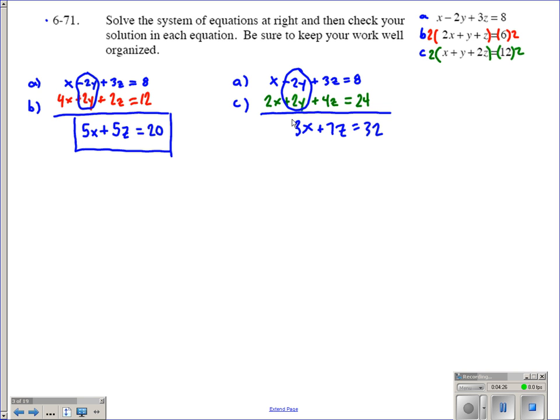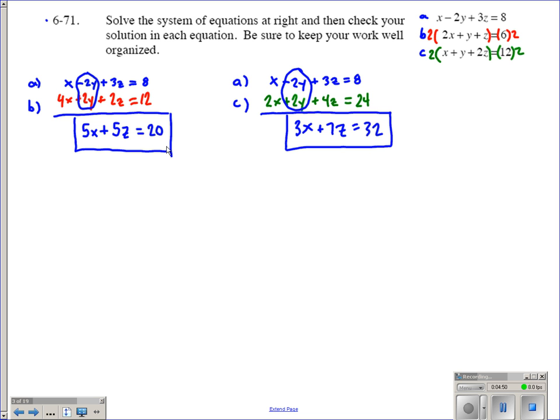So right now, we've got 2 equations, each with the same 2 variables. So we're going to have to look at solving this system. You could use whatever method you'd like, substitution or elimination. If you do elimination, it looks like you're going to have to alter both equations.